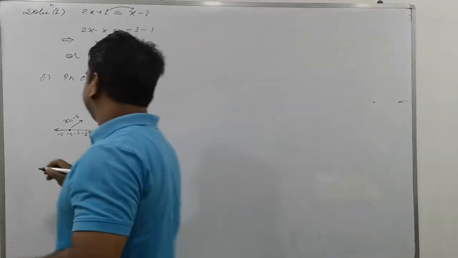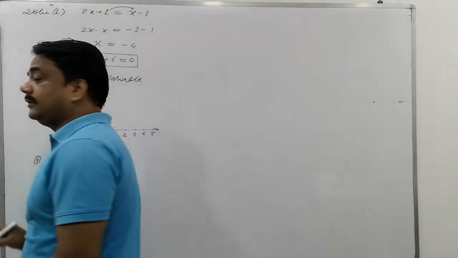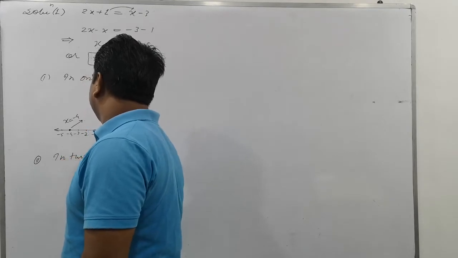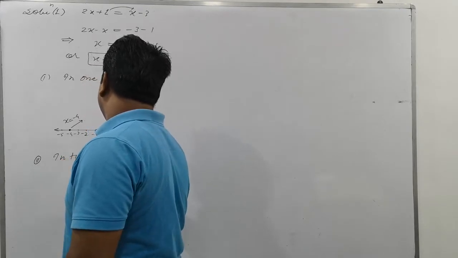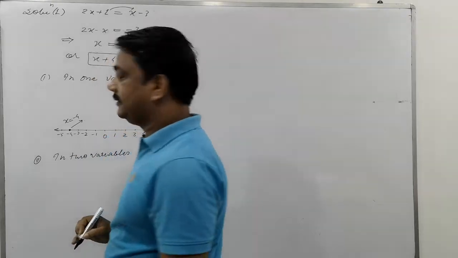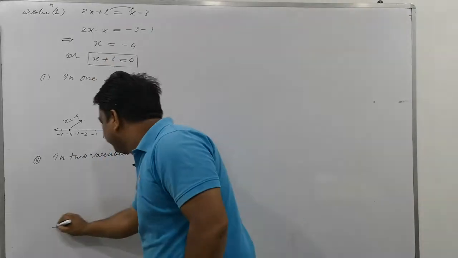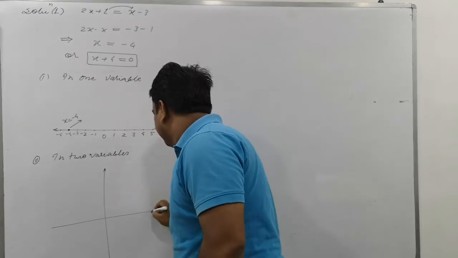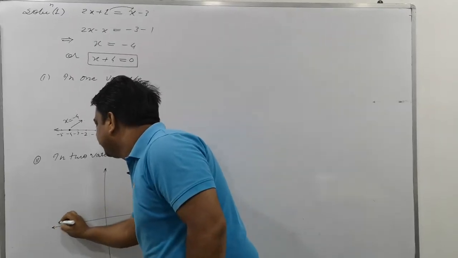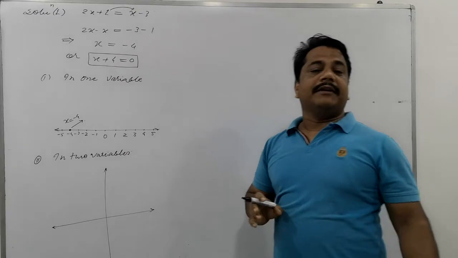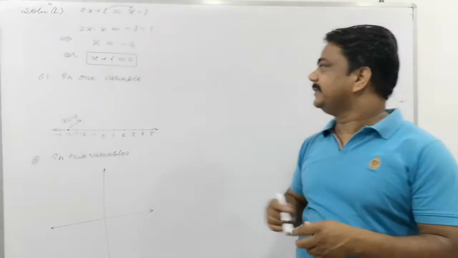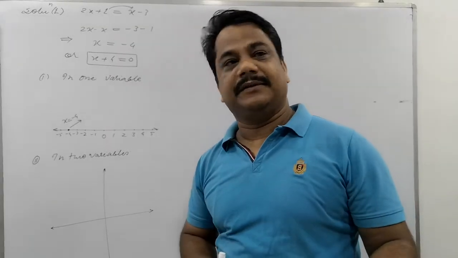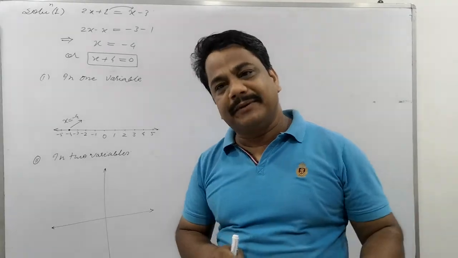Now the second. The second is what? In two variables. Two variables means we have to represent this on the Cartesian plane, as you told me. The same thing we have to do. However, you will say, sir, y is not given in the terms of the equation, then how can we represent y?